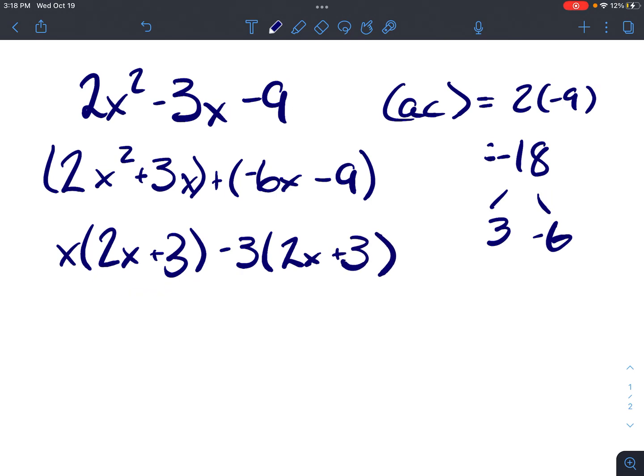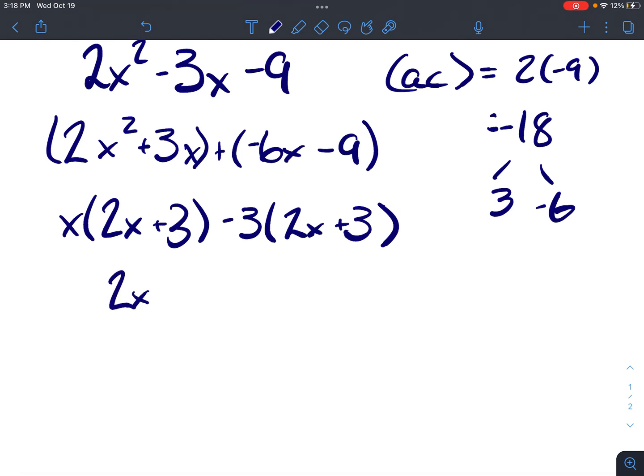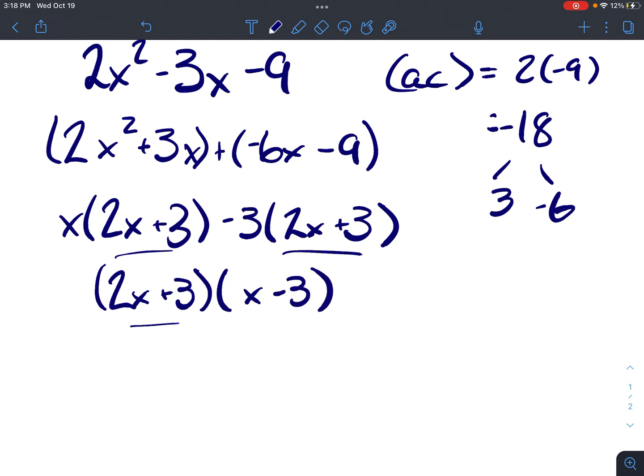See, on both sides, we got 2x plus 3, 2x plus 3. So we are good to go. So pull out this 2x plus 3, write that in front, and now we're going to have x minus 3. Now we're good to go.